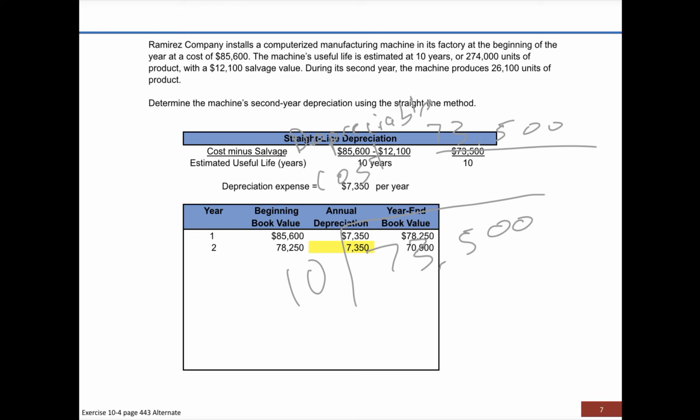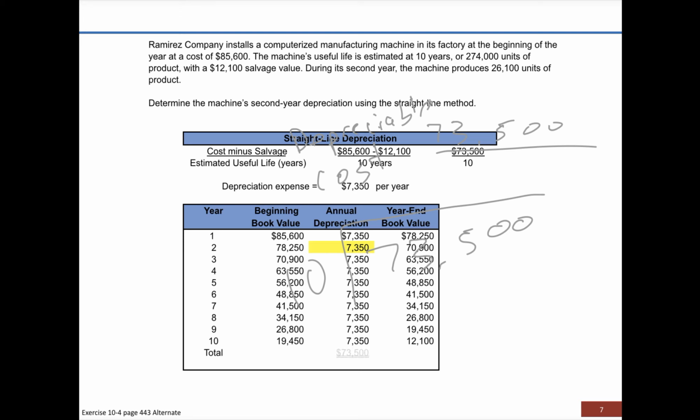But since we know for straight line it's going to be the same amount each year that we depreciate, you could ask what's the depreciation in year 8 or year 9 or year 7, and I would still say the same thing. You have to make sure you're getting your terminology straight, or you definitely will be confused. Okay. I don't know why we need to see all 10 years here.